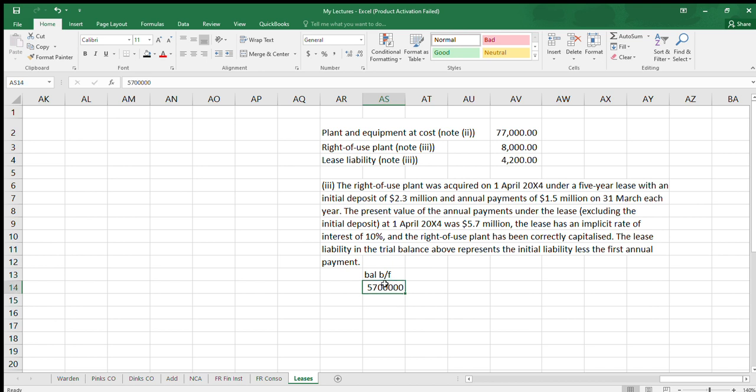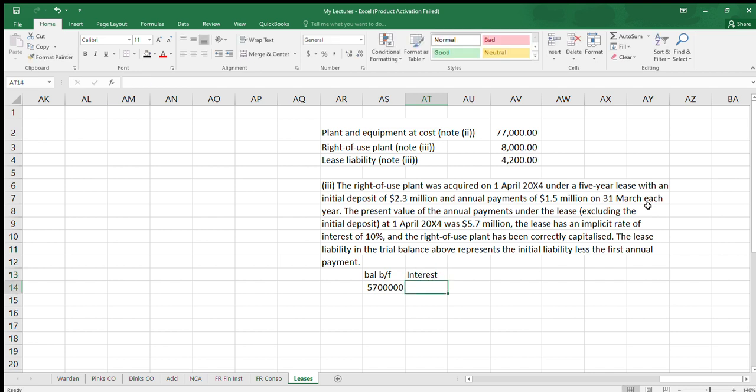Okay, and the question is saying that with an initial deposit of 2.3 million, there is an annual payment of 1,500,000. But here payment is made in arrears on 31st March each year, and the lease started on 1st April. So the following year March. So in arrears, so interest.